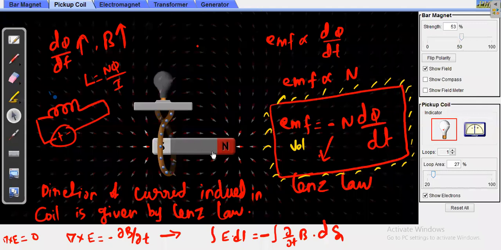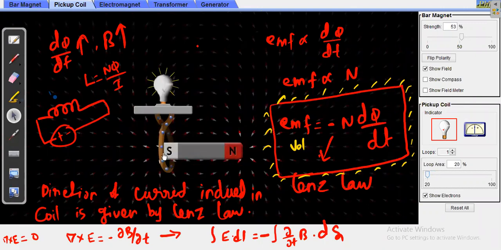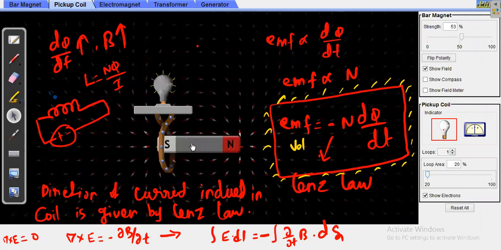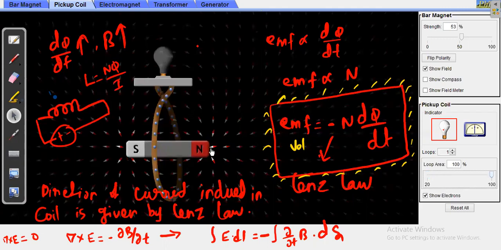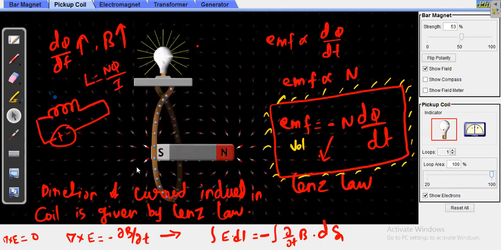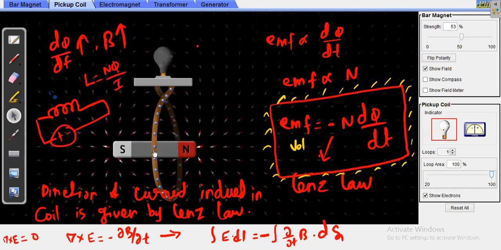Then what is the effect of loop area? Anybody? Is it having any effect? When the loop area is very, very small, I am getting light like this. Now I keep the loop area very, very large, then also I am getting like this. Then it seems that it is not having any effect.